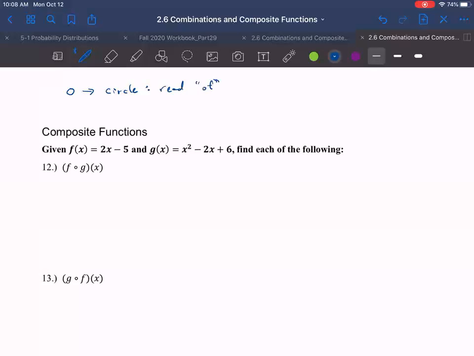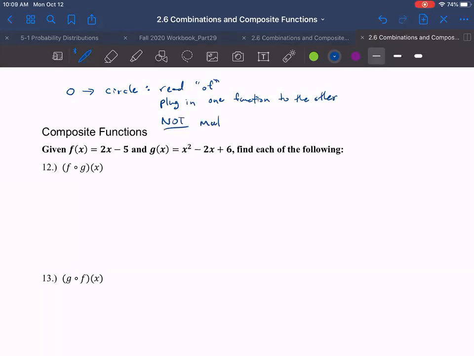So when I see f of g, and then ultimately of x, this means we're going to plug one function into the other. All right, and we are not multiplying.